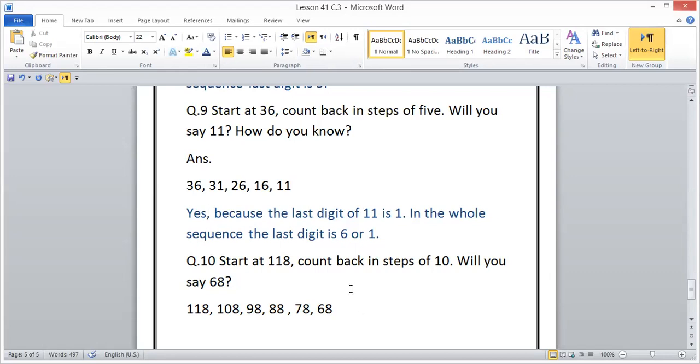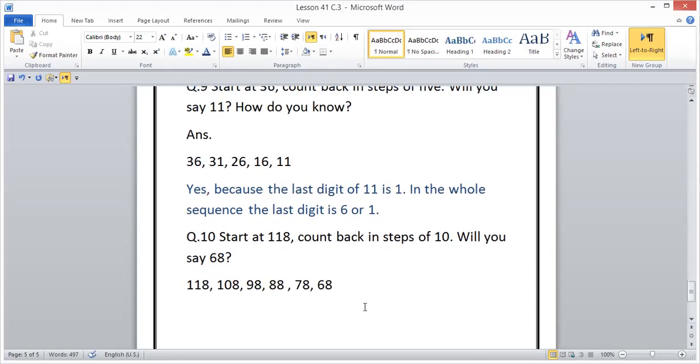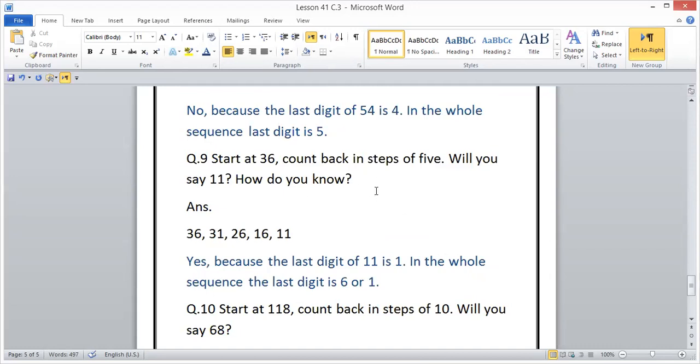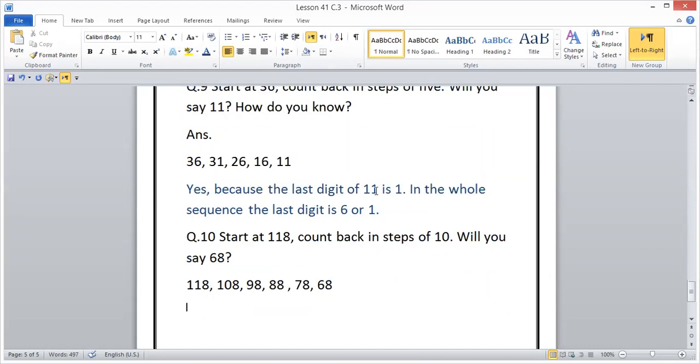All right, guys. So question number 10. Question number 9 answer was yes, because the last digit of 11 is 1, and in the whole sequence the last digit is 6 or 1.